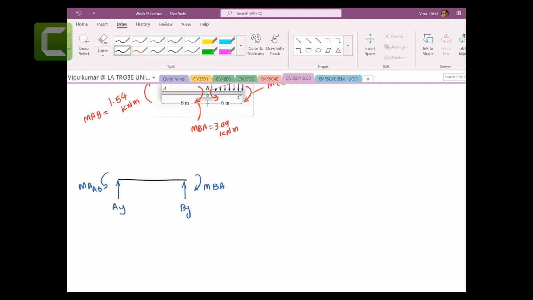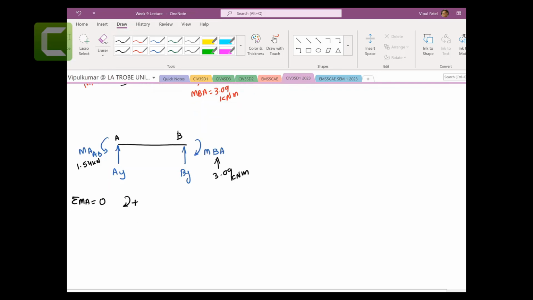Now, this one is 1.54 kilonewton meters, which we already calculated, and this one I know is 3.09 kilonewton meters. This is point A, point B. I can do sum of the moment at point A equal to 0. Let's put the clockwise positive here because we did clockwise positive. This goes clockwise, so 3.09 kilonewton meters clockwise.